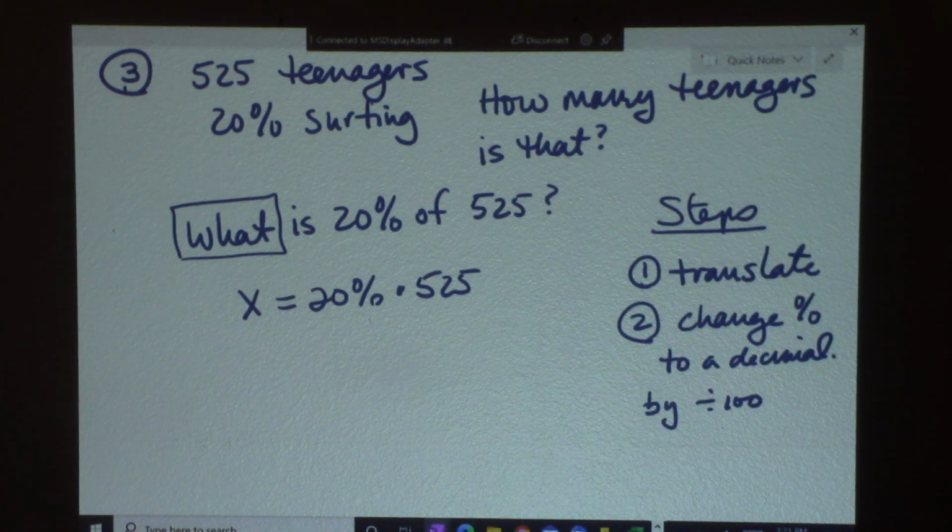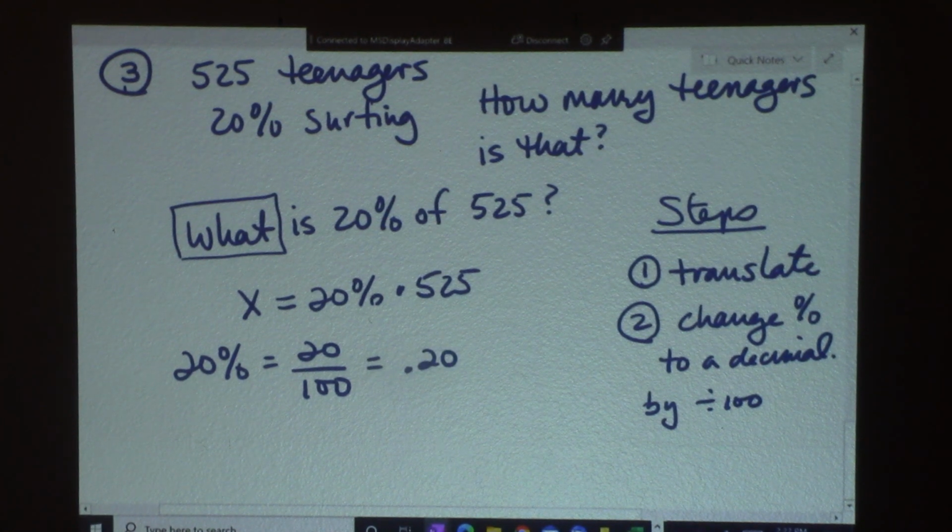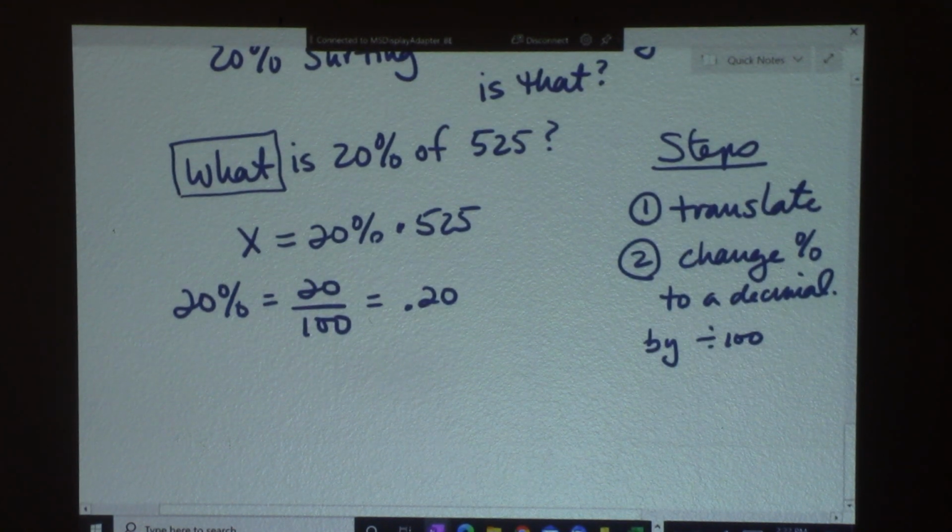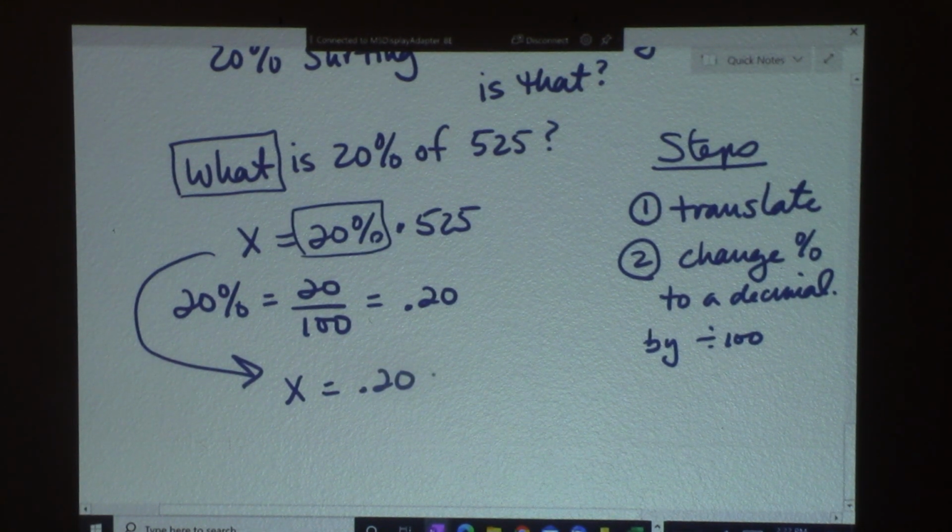So I have 20% here, and I'm going to take the percent out and change that to 20 over 100, and that becomes 0.20. That's pretty easy to see.